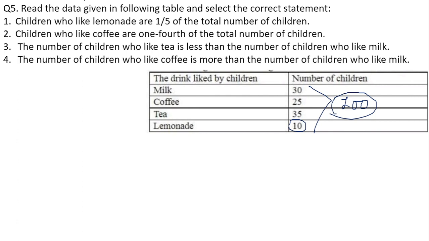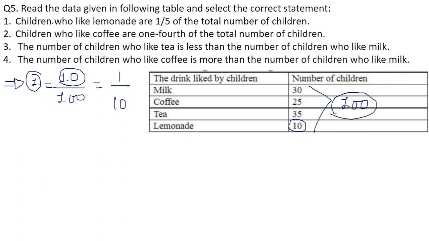So if we look at the first statement, children who like lemonade are 1/5 of the total number of children. How can we see whether this particular statement is correct or not? Simply take, for option number 1, total children who like lemonade upon total number of children. The number of children who like lemonade is 10 upon total children. This will give me 1 upon 10.